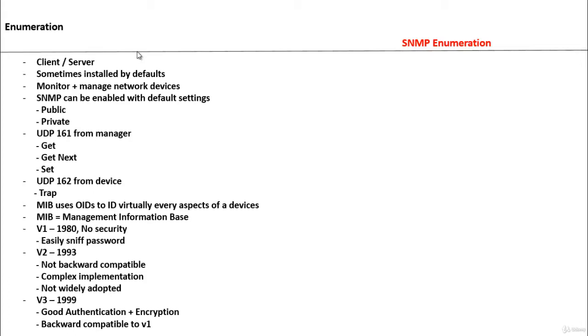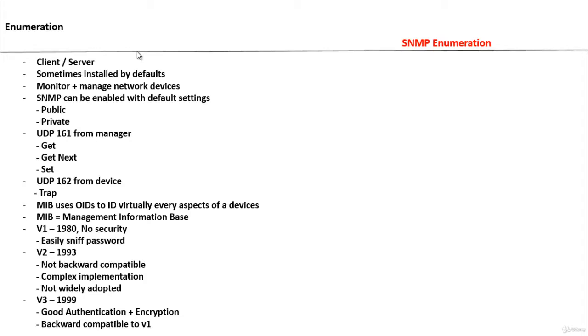SNMP has manager and trap. Manager works on the server side and trap works on the client side. UDP uses SNMP port 161 for the manager. The manager requests the client, meaning the network device, to gather information about it, and that device provides information to the SNMP server.